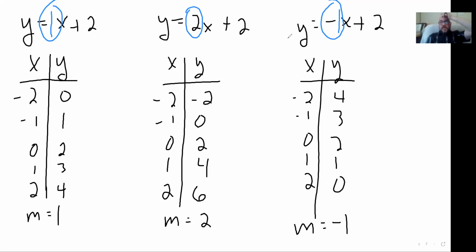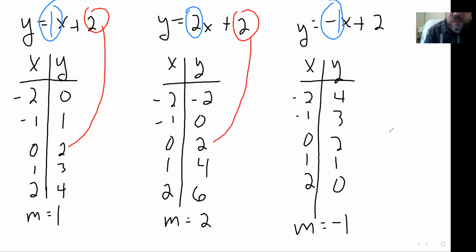Oh, there was another thing I wanted to mention here, which is this. You might also have noticed that x equals 0 is the y-intercept. And that corresponded, so that was 2 in each of these cases. That was this number.